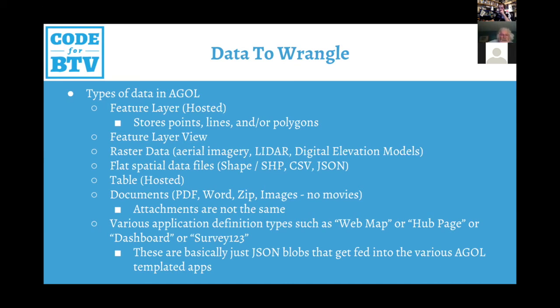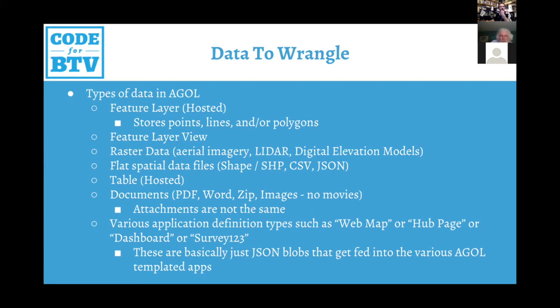So a feature, a point, a line, or a polygon, is able to have an attachment for it, so you can attach an image, a document, basically standard media content to a point, a line, or a polygon.